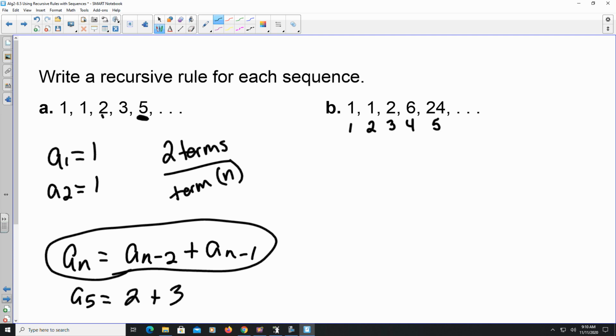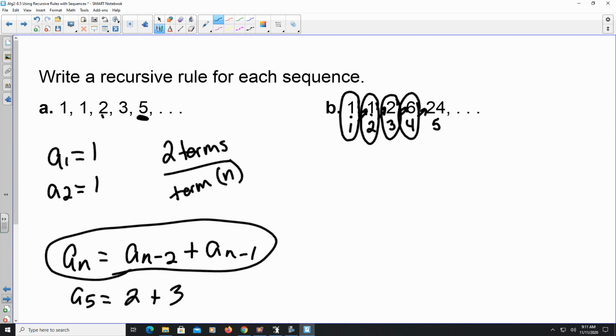Do we notice something? If I multiplied these values together, 1 times 1 is 1. 1 times 2 is 2. 2 times 3 is 6. 6 times 4 is 24. Where did I get these values of 1, 2, 3, 4, and 5?